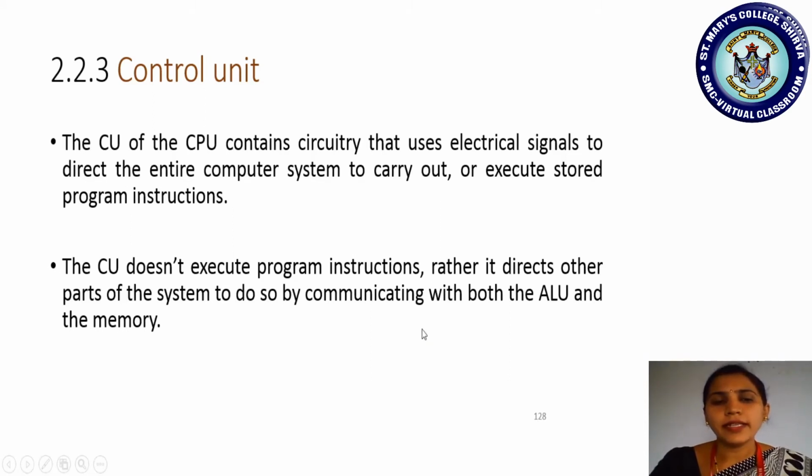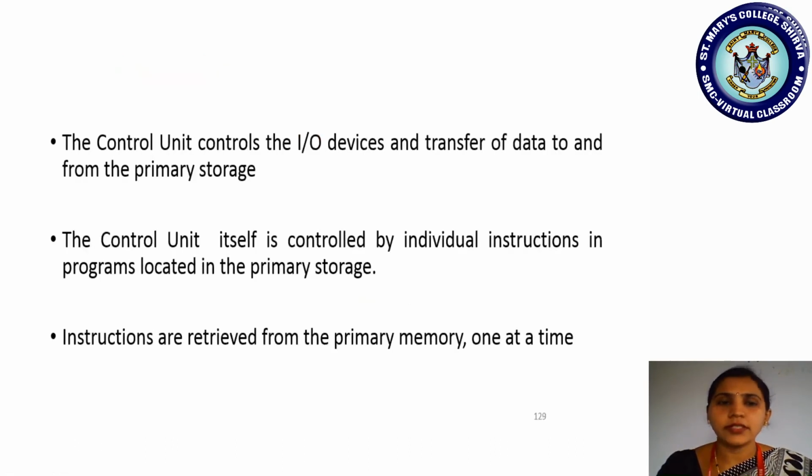Overall, I can say it is like a person who monitors other members working in a system, so that they perform their jobs according to the sequence, without any clash in the functions they are executing. Okay, that is the job of the control unit.